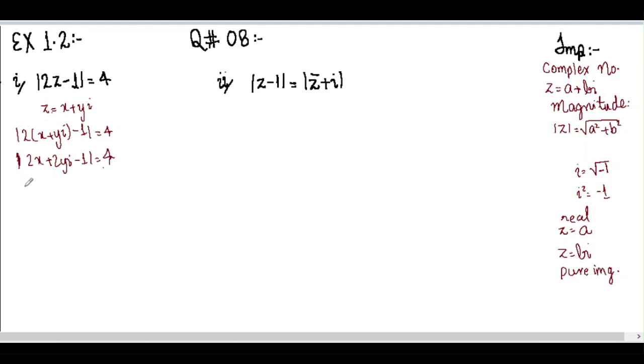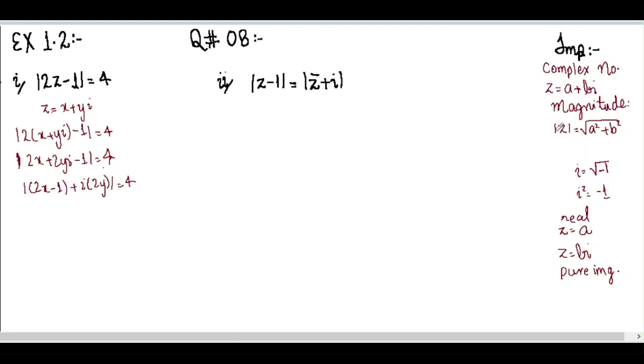Now we are going to separate the real and imaginary parts. We get 2x minus 1 plus iota into 2y. Here the real part is 2x minus 1 and the part containing iota, which is called the imaginary part, is 2y. These lines mean that we have to find the magnitude.